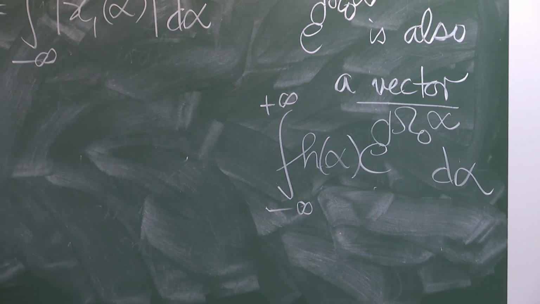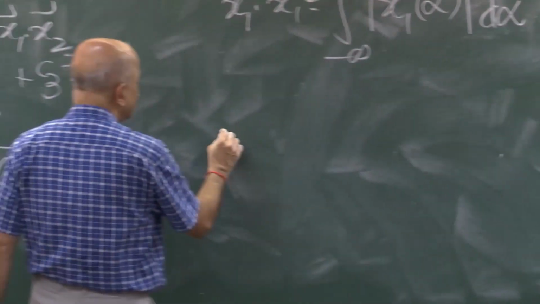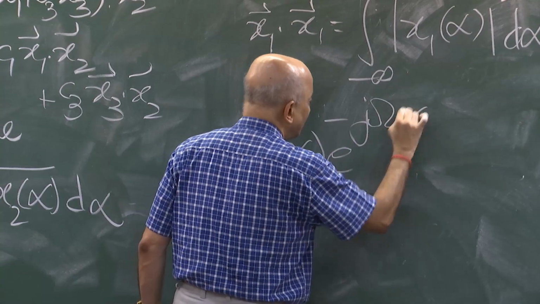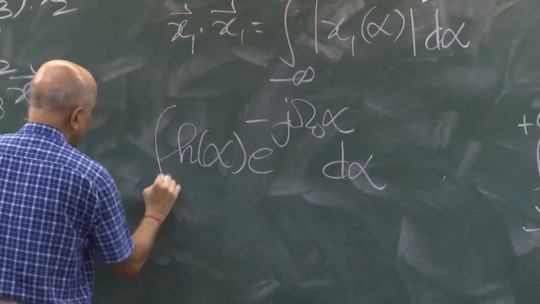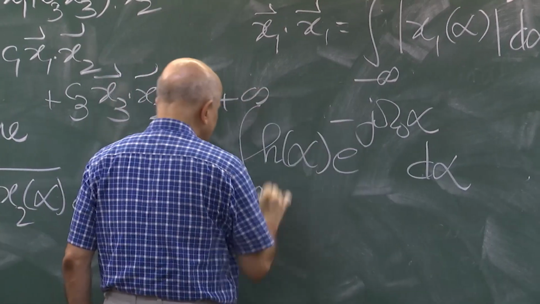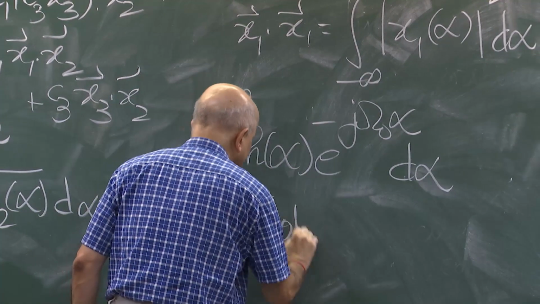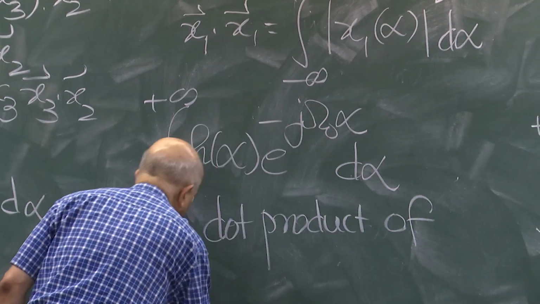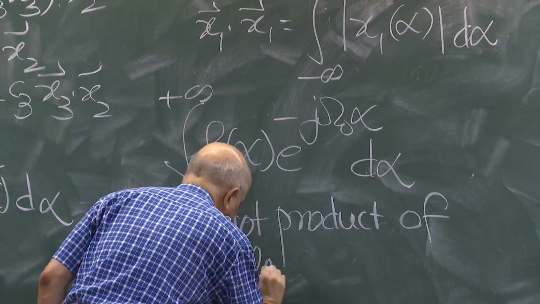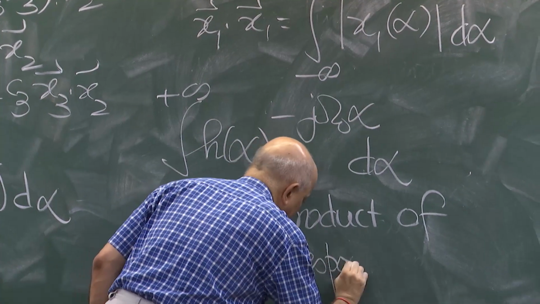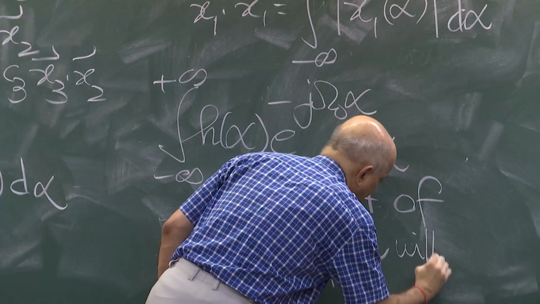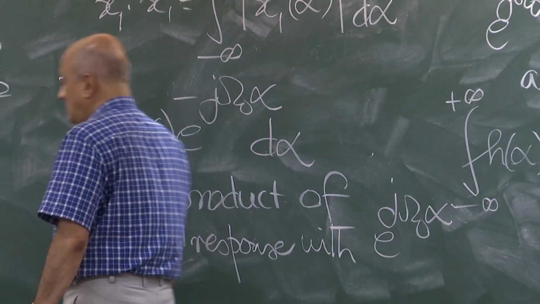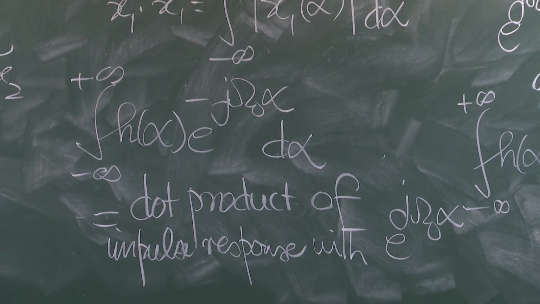And therefore, I have this quantity, the integral of h alpha e raised to the power minus j omega naught alpha d alpha over all alpha, which is essentially the dot product of the impulse response with e raised to the power j omega naught alpha. Now, this has a beautiful physical interpretation.